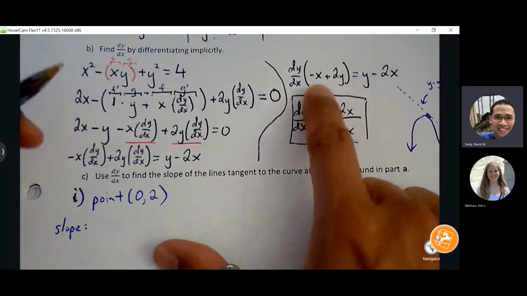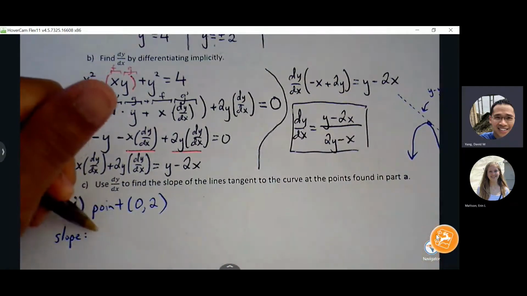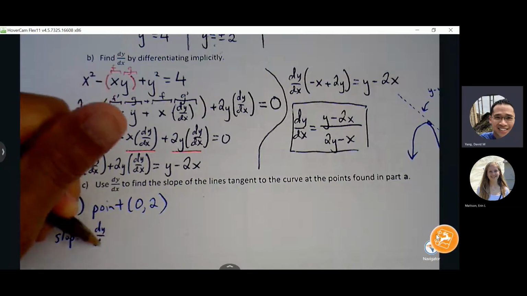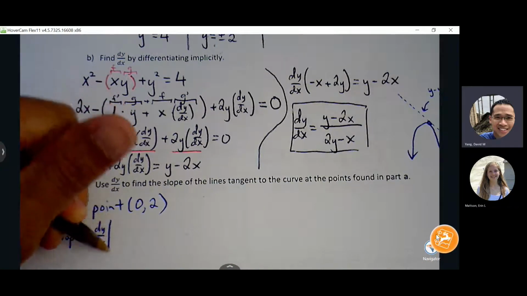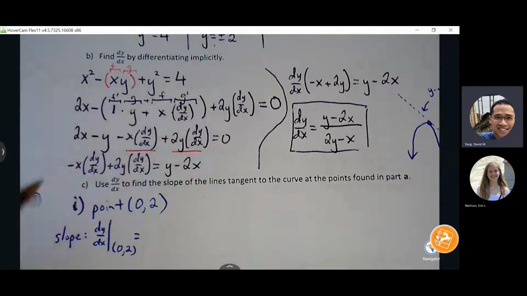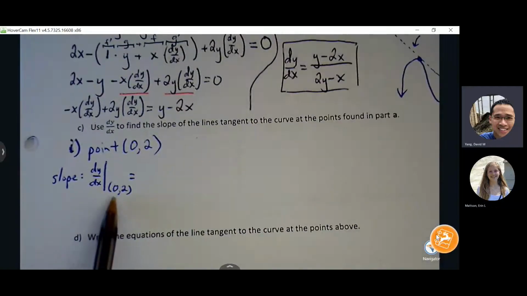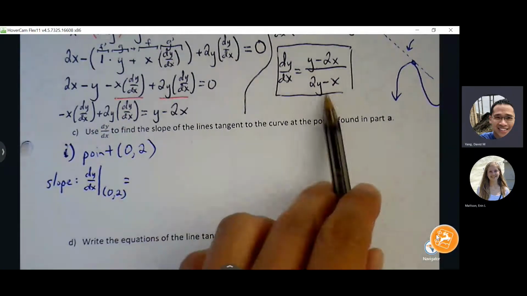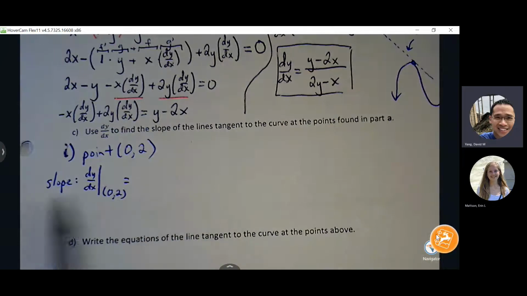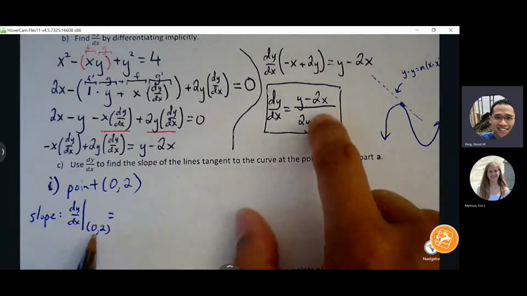But here, the derivative requires both x and y. So the notation we use is dy/dx with a vertical bar, and then we indicate the point. This shows that I'm about to insert my ordered pair into the derivative, and I'm going to get a number, and that number is going to be my slope. So 0 in for x, 2 in for y.